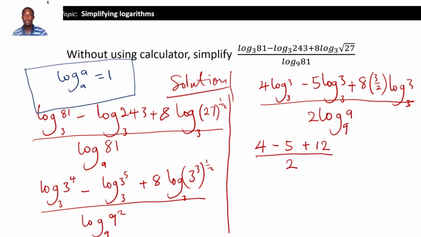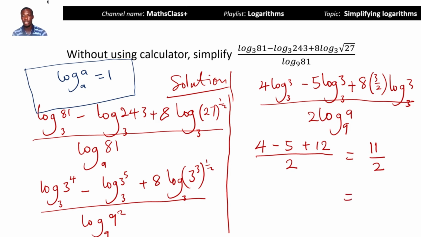So when I simplify, I'll get 11 over 2 as my answer. And I will leave my answer as a mixed fraction instead of an improper fraction. So 2 goes into 11 5 times remainder 1. So this is it.